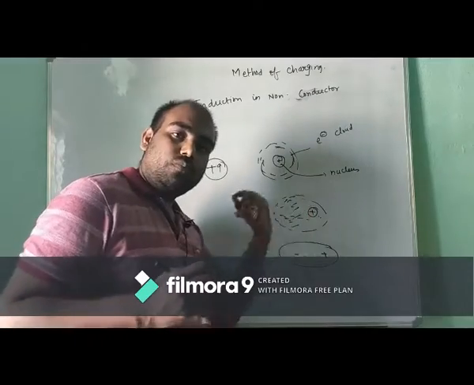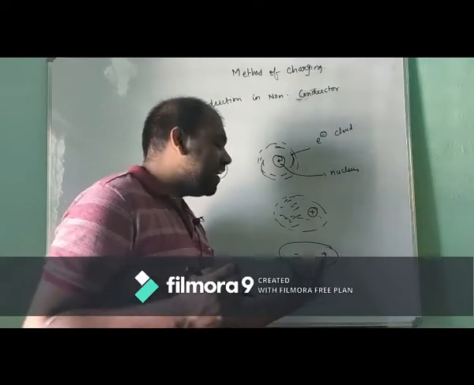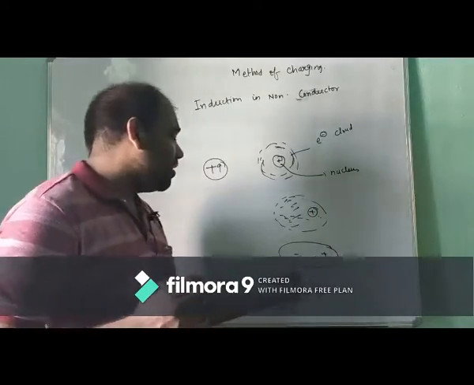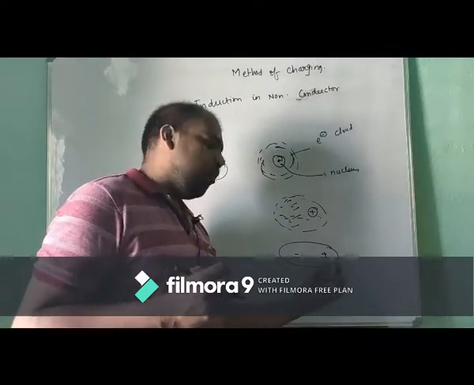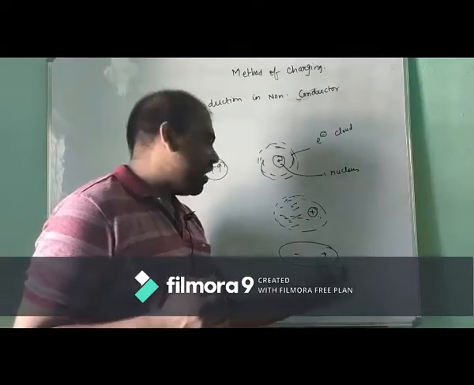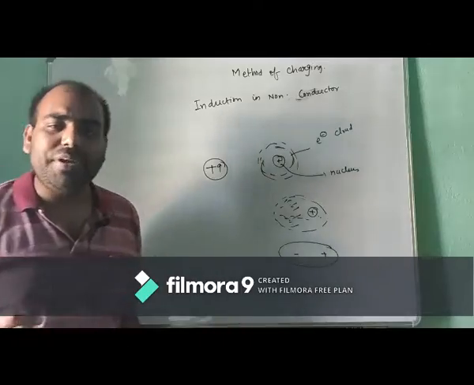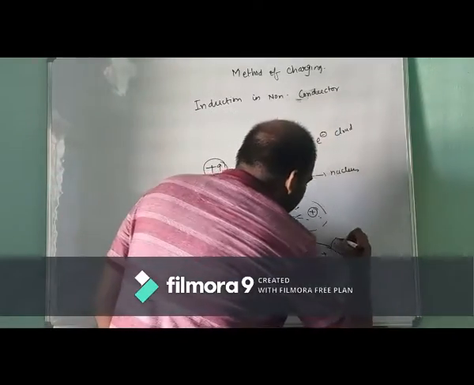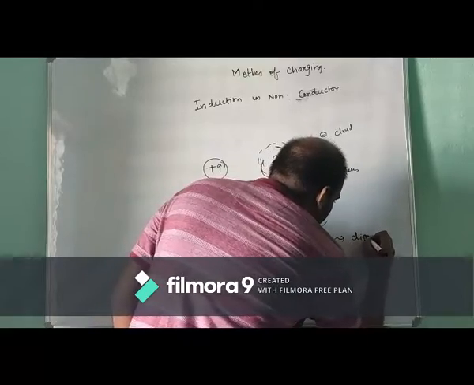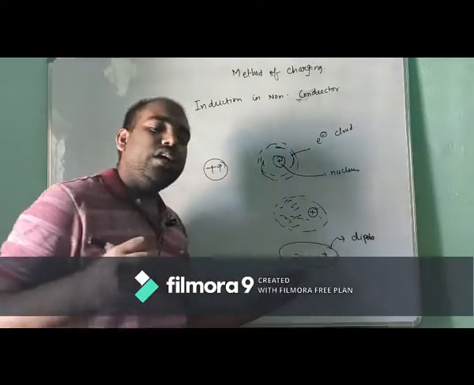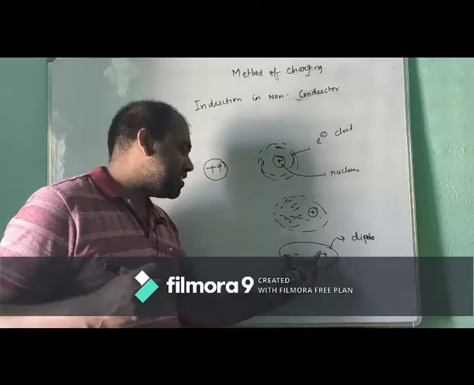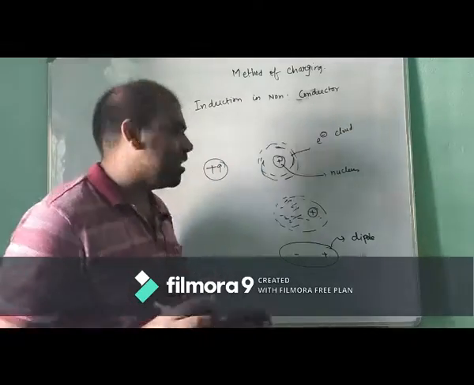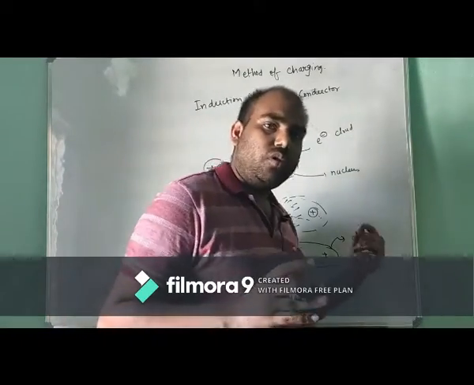So we can say there is a separation of charges. Here is a positive charge and here is a negative charge, and both are separated by a very small distance. And this we call a dipole. When two equal and opposite charges are separated by a very small distance, we call it a dipole.